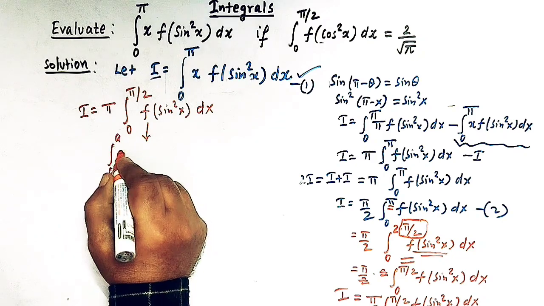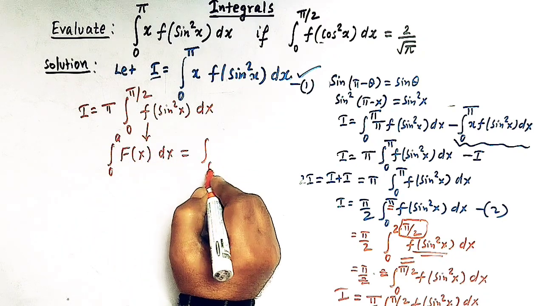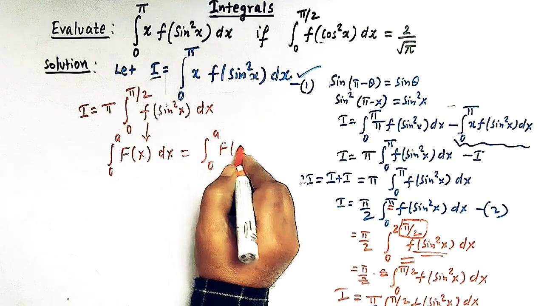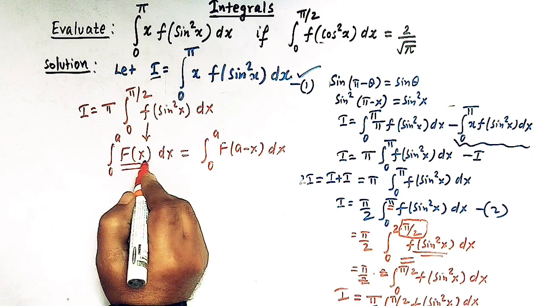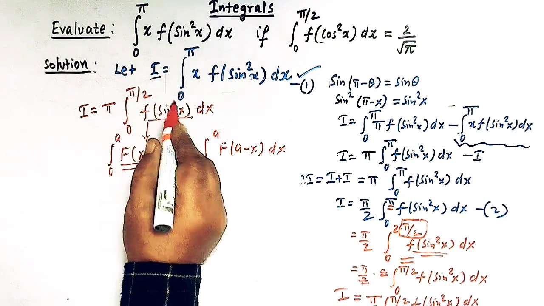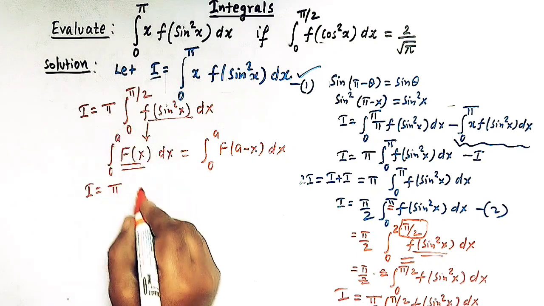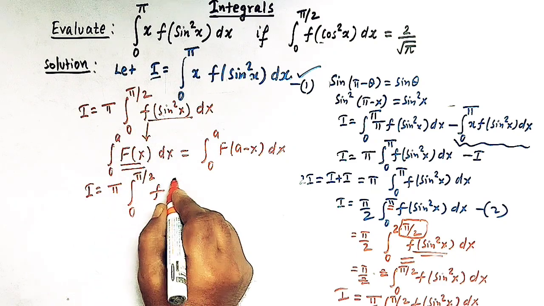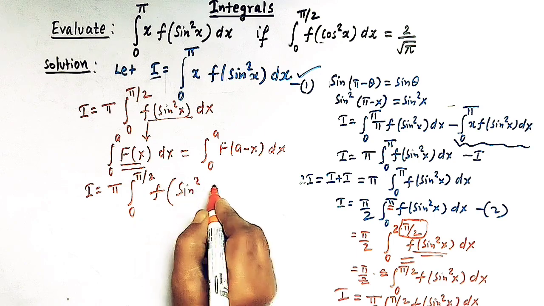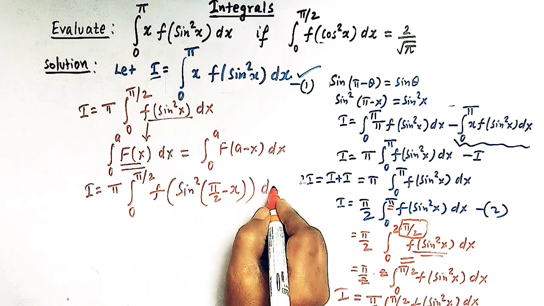Now let us again apply the property of definite integrals which we have applied initially, that is 0 to a, and if we have the function say f of x dx, then this is 0 to a f of a minus x dx. So here this capital F of x is equal to f of sine square x. So we have I, and here we have pi and 0 to pi by 2, and we have f of sine square pi by 2 minus x and dx.